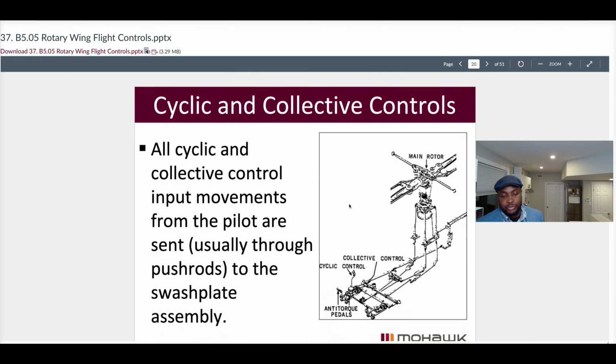The swash plate assembly transfers non-rotating inputs from the pilot to the rotating part of the rotor disc. As we can see, the upper part rotates with the mast, while the bottom portion does not rotate. Together, this is known as the swash plate assembly.